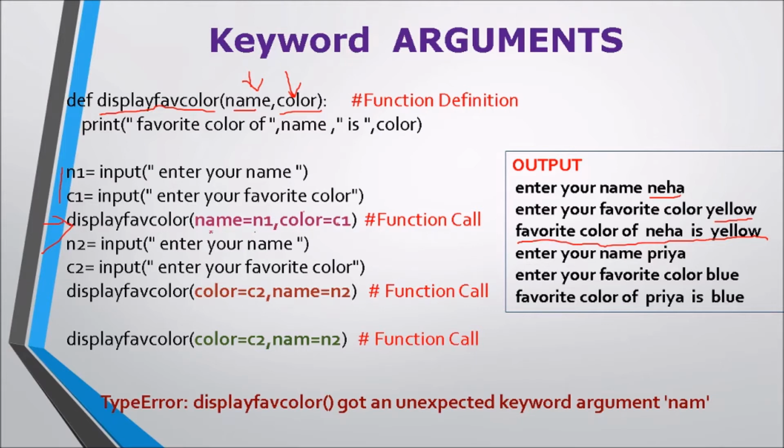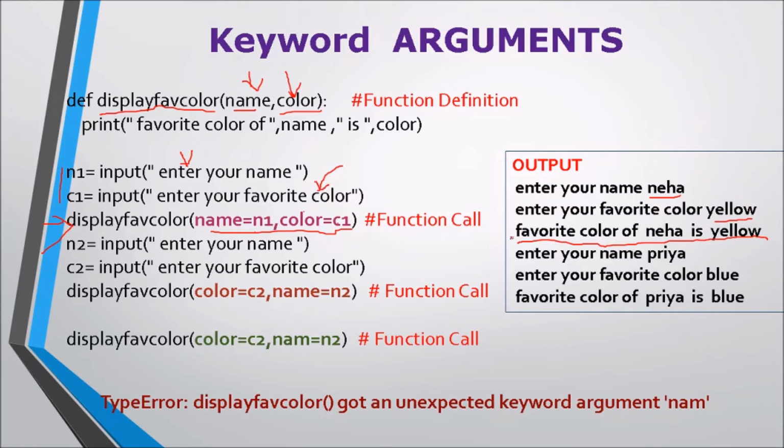So name is assigned whatever value is entered by the user as the name over here, and color will accept the value which is entered by the user over here. So that is Neha and yellow.